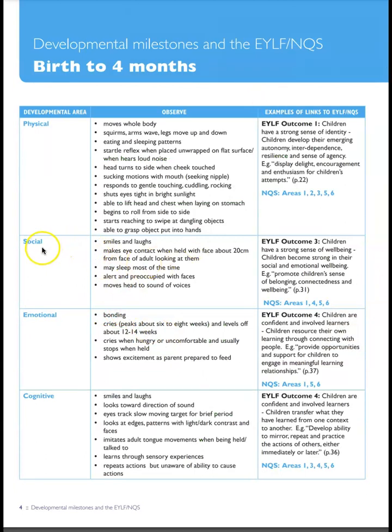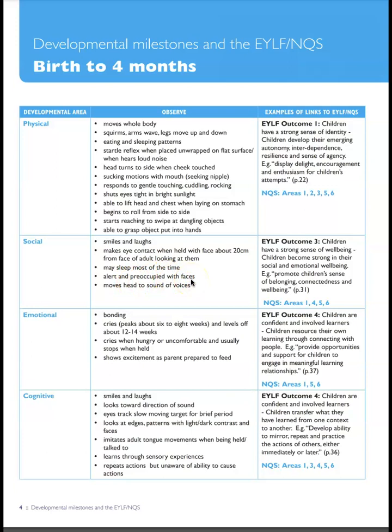area of development, which is called social development, you can see that there are some milestones as well, such as smiles and laughs. Child makes eye contact when held with face about 20 centimeters from the face of an adult looking at them. They may sleep most of the time. They are alert and preoccupied with faces.